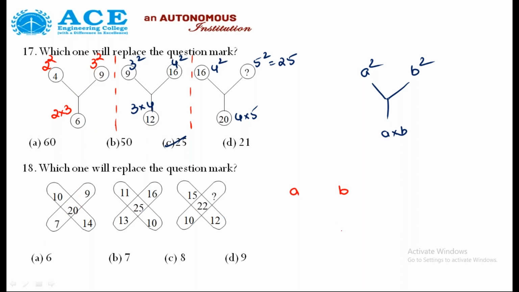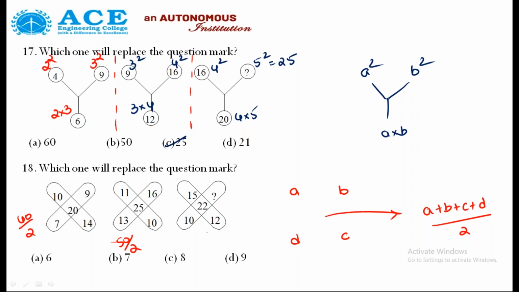A, B, C and D. What about this one? Guys, yes, pause the video, check your logic. If you're not getting, then play the video. A plus B plus C plus D divided by 2. Add all those and divide by 2. Yes, adding all this, we got 40 divided by 2. Adding all this, we'll get 50 divided by 2.